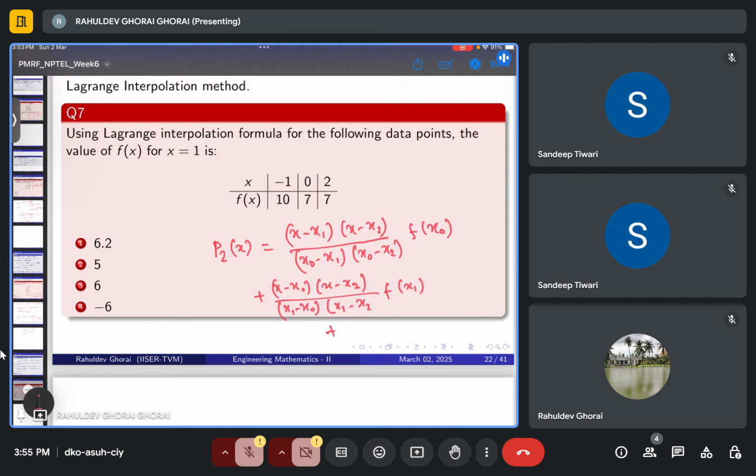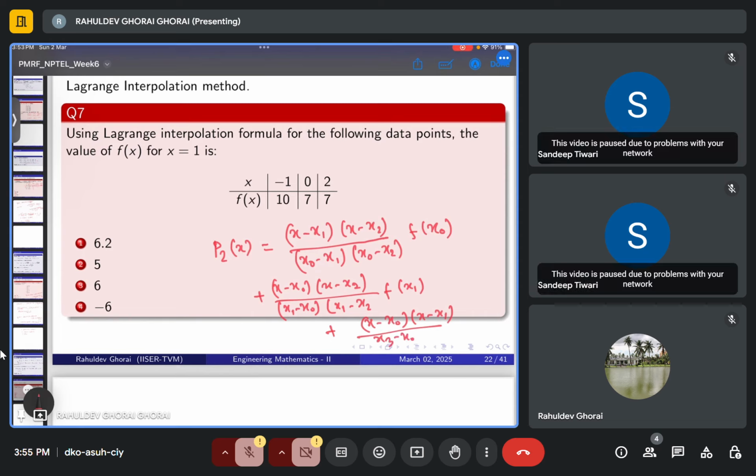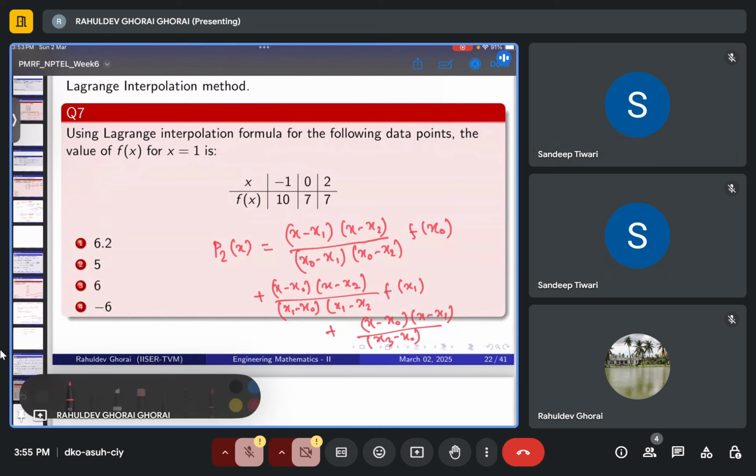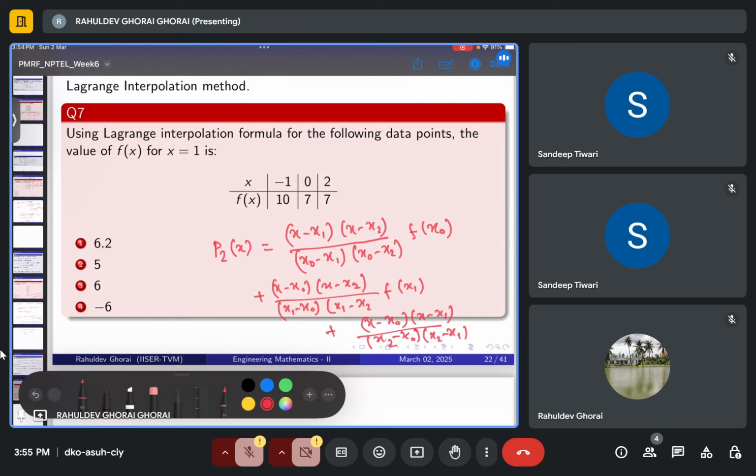You can see the symmetry, and you can write the third one also: (x minus x0)(x minus x1) over (x2 minus x0)(x2 minus x1) times f of x2.